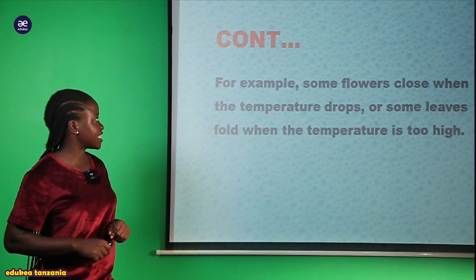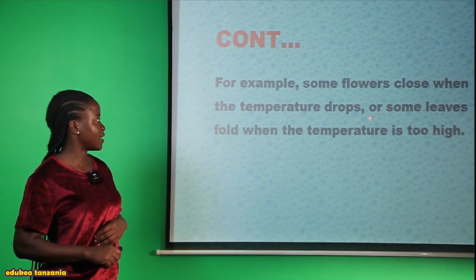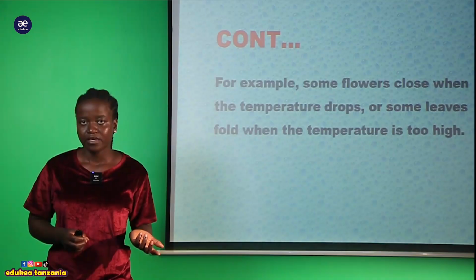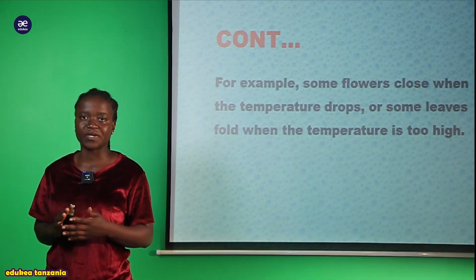For example, some flowers close when the temperature drops, or some leaves fall when the temperature is too high. There are plants that respond to different kinds of temperature changes.